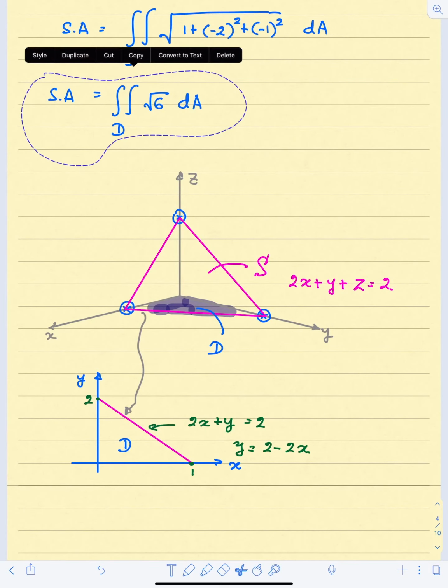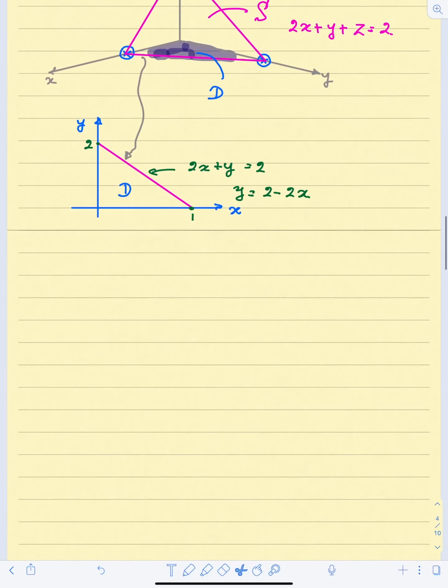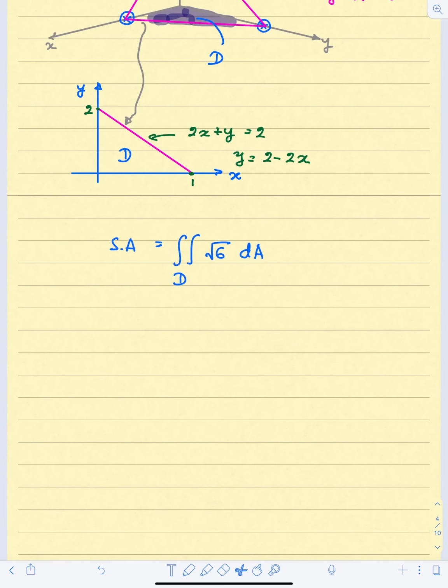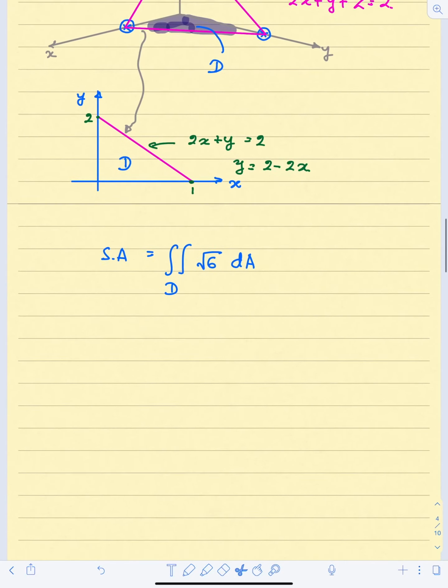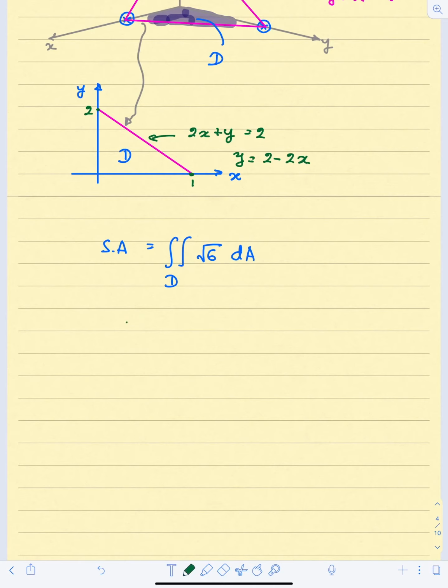At the moment we have our surface area equals the double integral of root 6 dA over the domain D. Now let's express dA. dA is an area element on the xy plane, and we know that dA equals dy dx or dx dy.